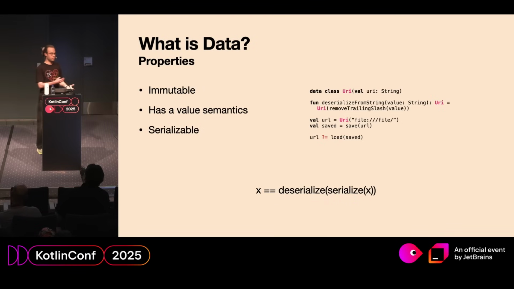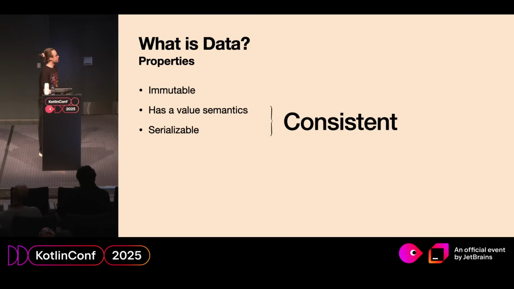We should not be able to tell whether data was already in memory or we have performed some kind of round trip. That should be transparent. So these 2 properties have to be consistent. And that's what I mean when I say data.